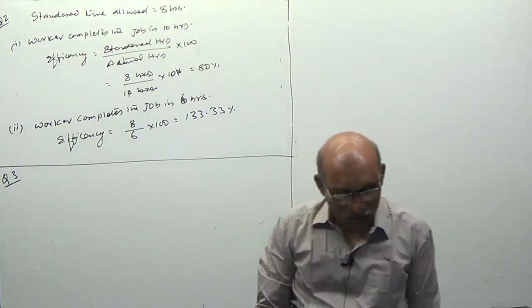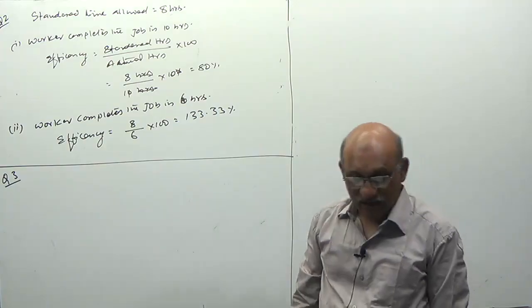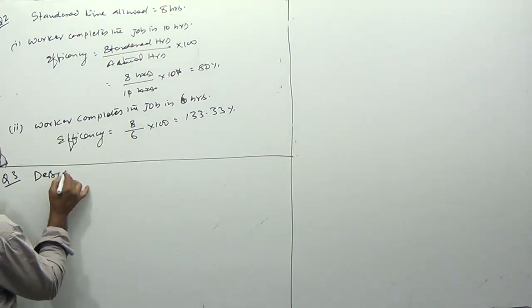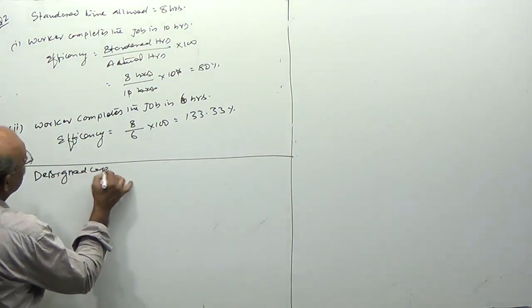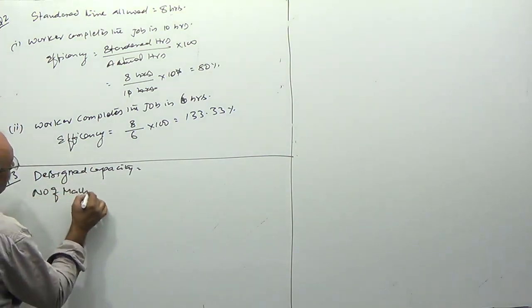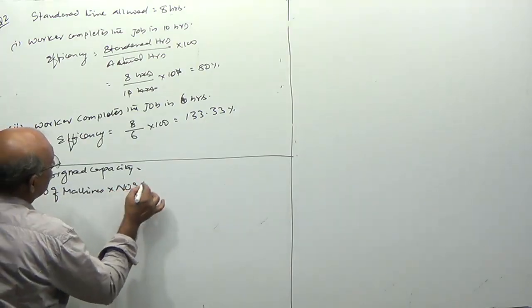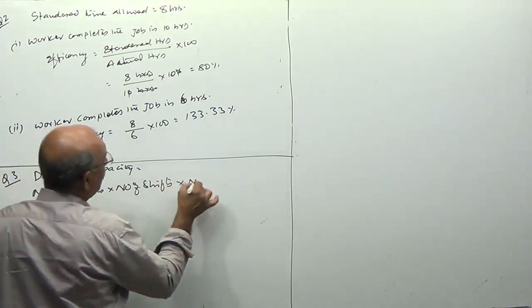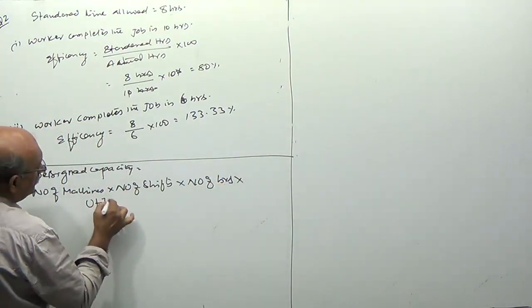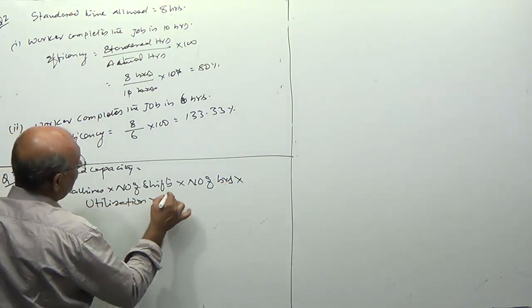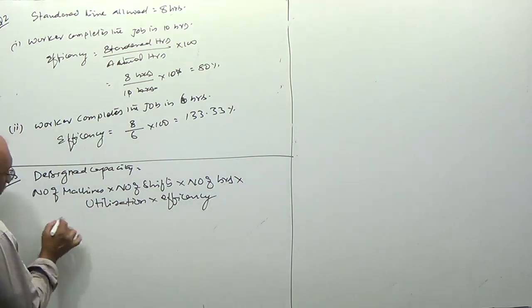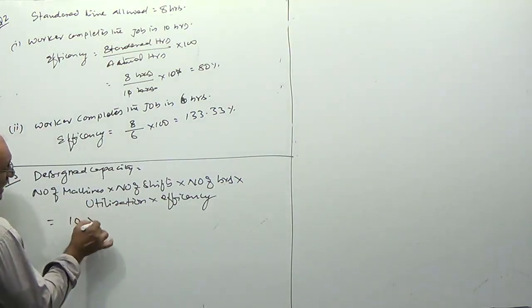Okay, read the question one more time. How many shifts it is working? 2 shifts. So designed capacity is equal to number of machines into number of shifts into number of hours per shift into utilization into efficiency. Number of machines, how many? 10 machines.